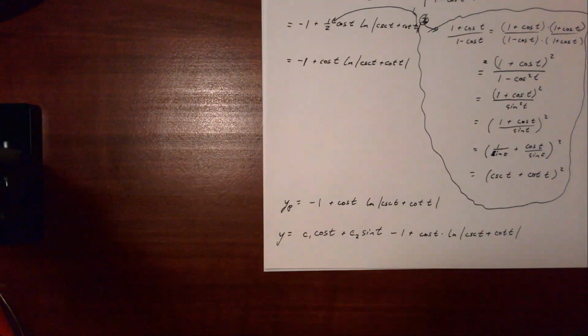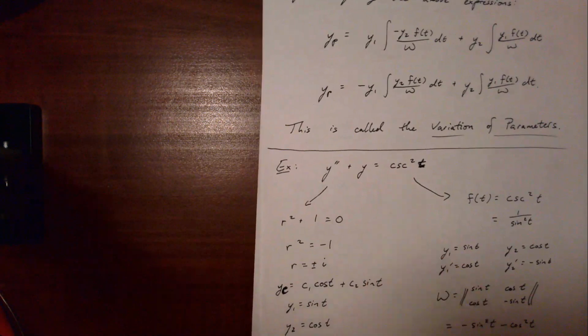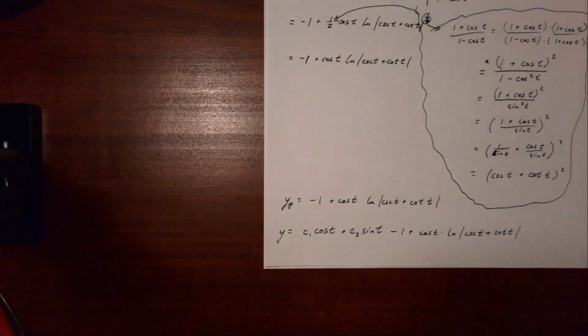So if you wanted to solve this problem by the method of undetermined coefficients, you would have to start taking the derivatives of the cosecant squared. And when you did that, you would be producing a bunch of crazy terms, and those crazy terms would not fall into a regular set of families for which you could assign generic coefficients in such a way that you were then able to actually solve and find the values of those coefficients.